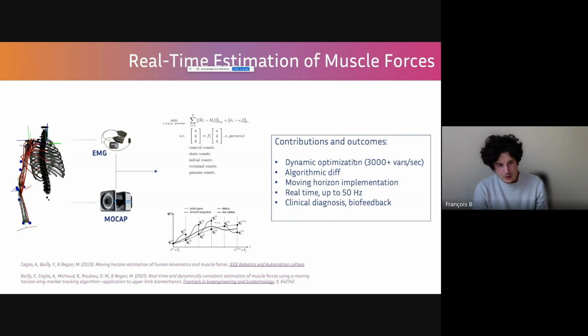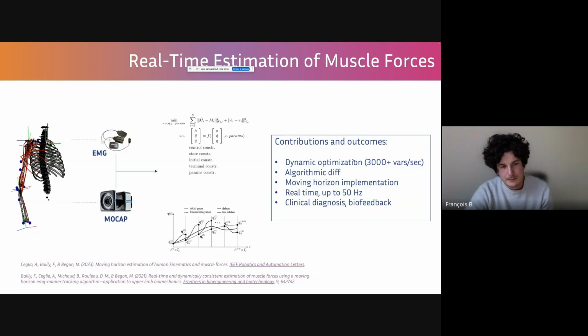So the first work that we made is to provide an algorithm able to make real-time estimation of muscle forces using electromyographic data, because the state of the art at the moment was to estimate the muscle forces from the inverse dynamics of the movement, so using basically the external forces.